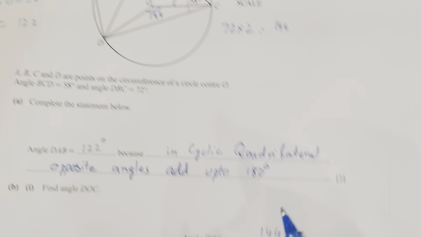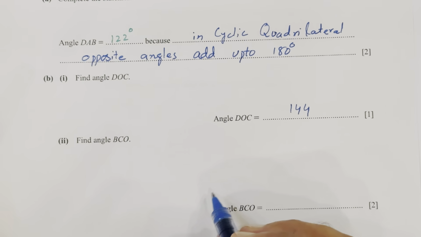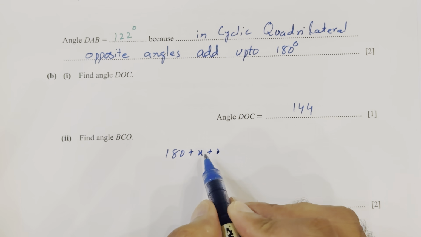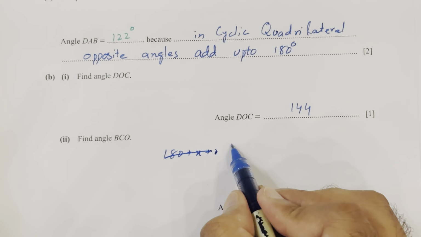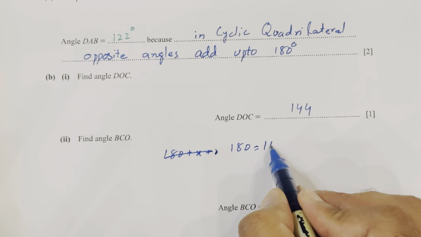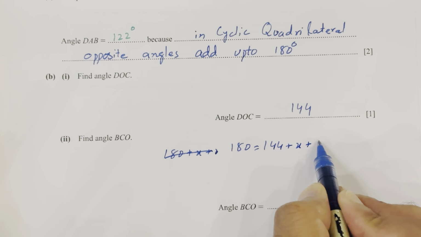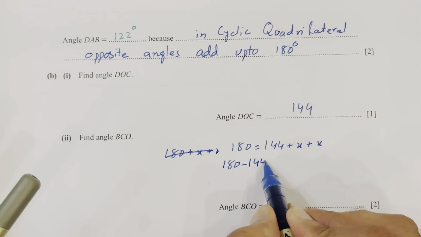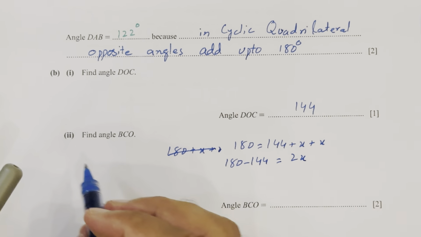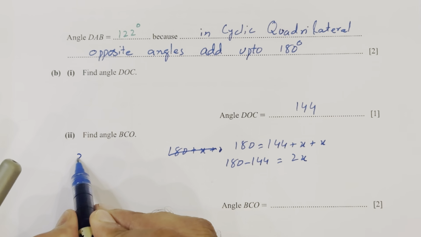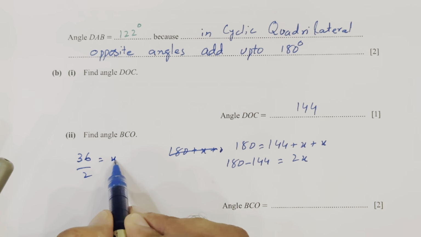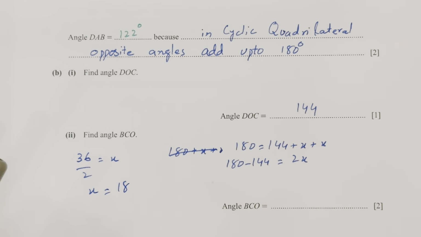So for this triangle, 180 is equal to 144 plus x plus x. It would be 180 minus 144, that is equal to 2x. Then 180 minus 144 would be 36 over 2. Then x is equal to 18.